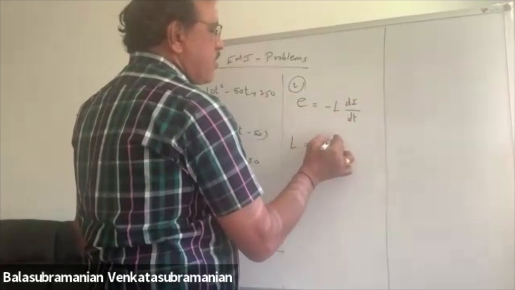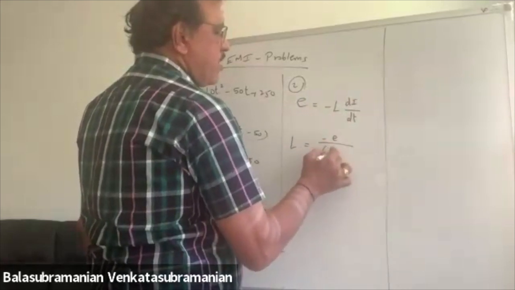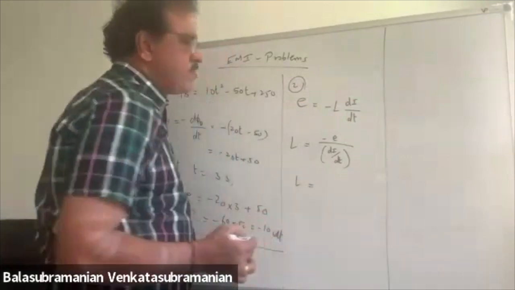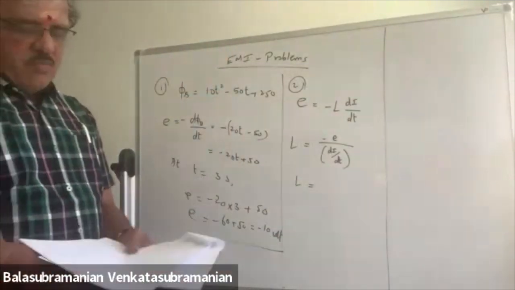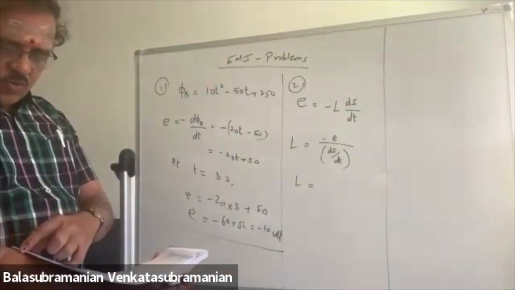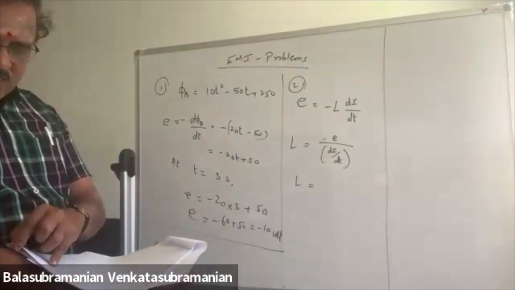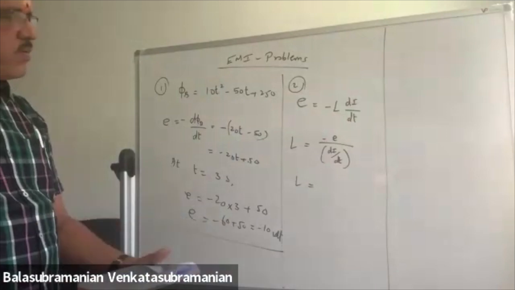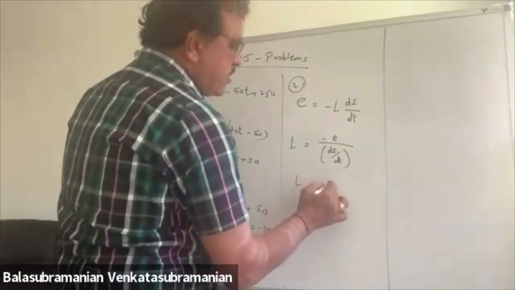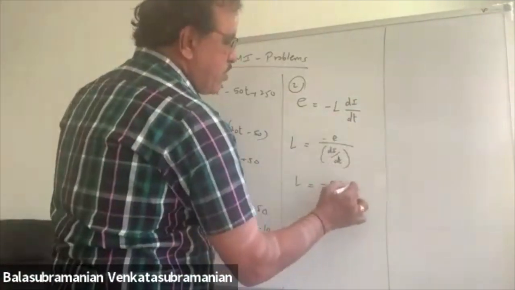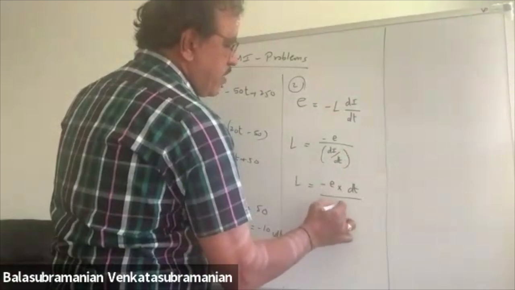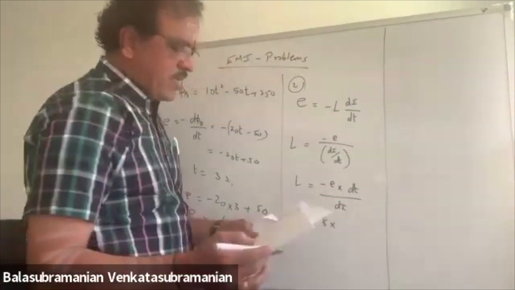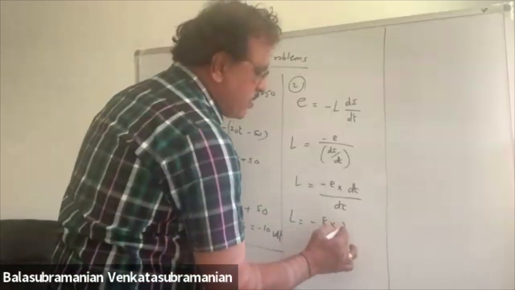So L is equal to minus E by di by dt. What is the EMF given here? 8 volts. And current changes from plus 2 ampere to minus 2 ampere. So minus E into dt will go to the numerator by di. Minus 8 volts, time given is 0.05 second.